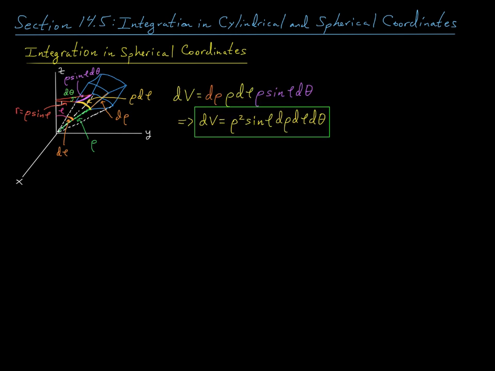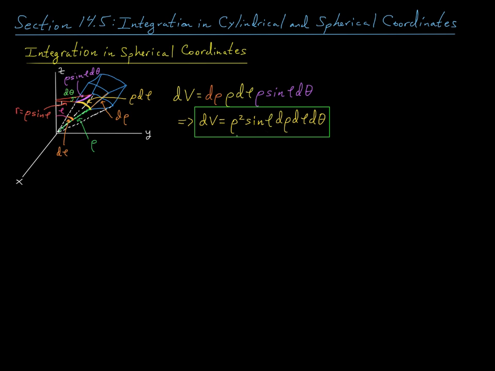Now with all of that, we can compute the volume of this little curved box as the height, d rho, times this little yellow circular arc, which is rho d phi, times this purple circular arc, which is rho sine phi d theta. And we can rewrite that as just rho squared sine phi d rho d phi d theta.